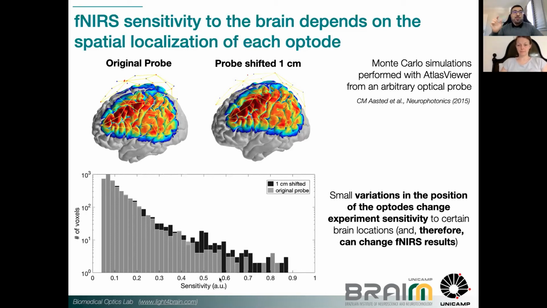which is very common if you're just getting a cap and putting the probe on, removing it and putting it on again. It's very easy to get 1 centimeter off in any direction, right? So when you do that, you actually change the sensitivity profile of the data as well.